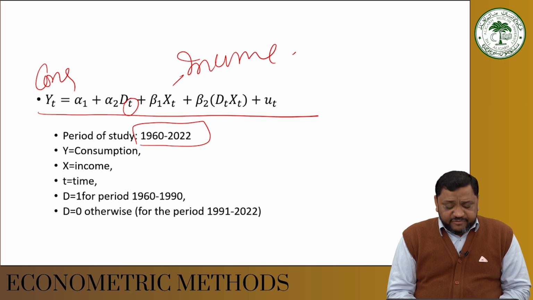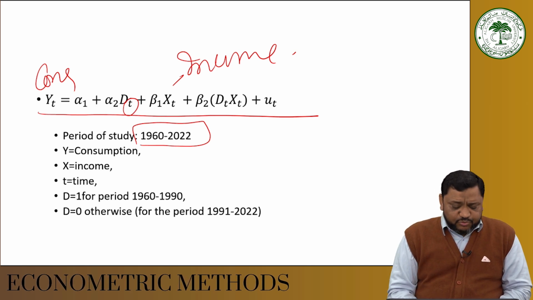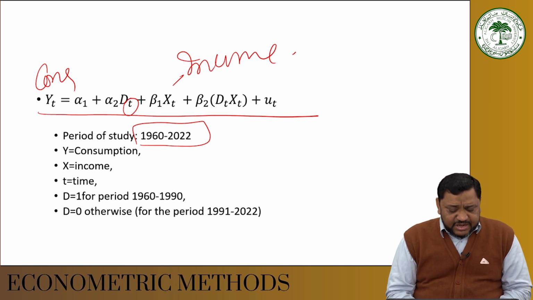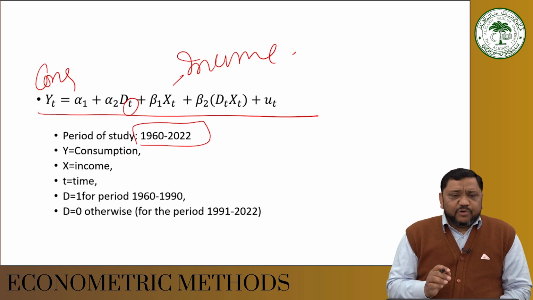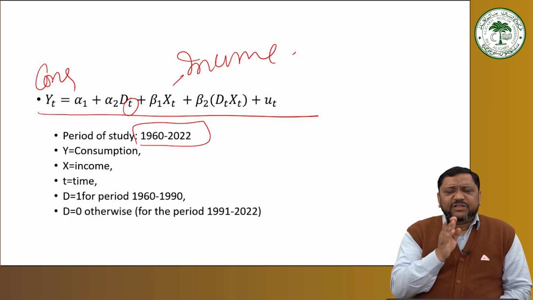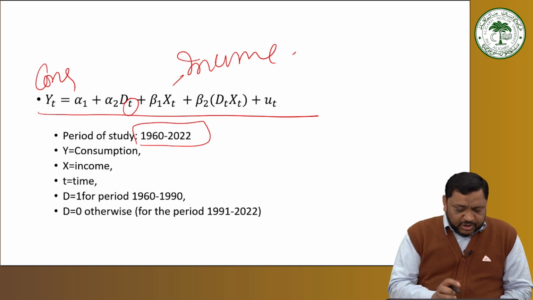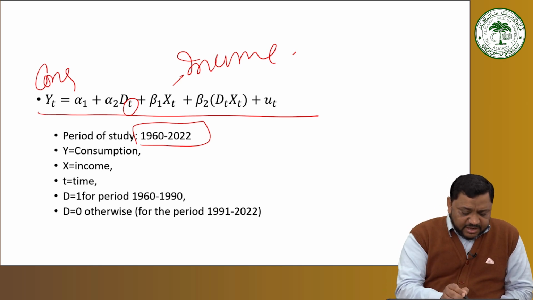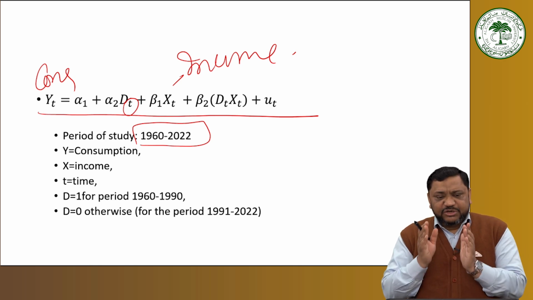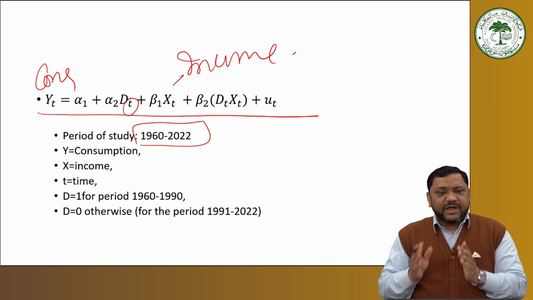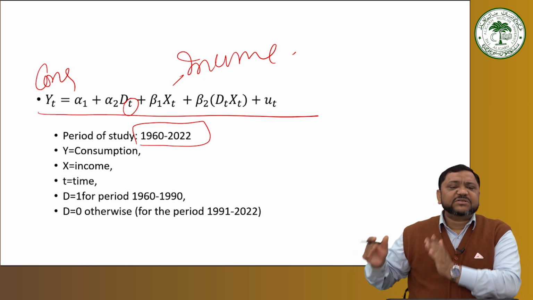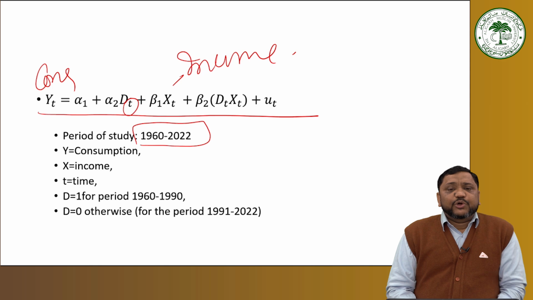Now we know that there has been a significant change in 1991. So we divide the time period into 2 separate periods, one from 1960 to 1990 and the next from 1991 to 2022.